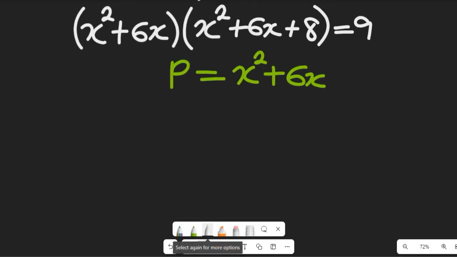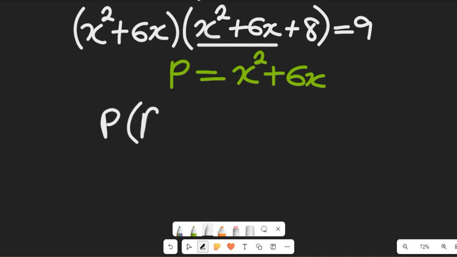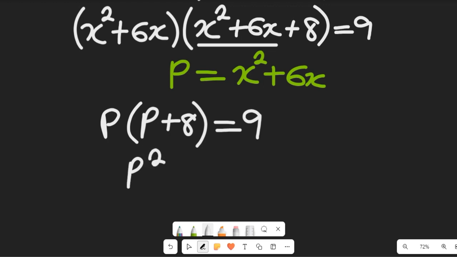Now, if I do that, I'm going to have p multiplied by p plus 8, and all this will be equal to 9. If I simplify this expression, I'm going to have p squared plus p times 8, which gives me 8p, and this will be equal to 9.